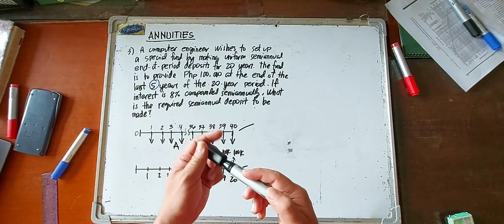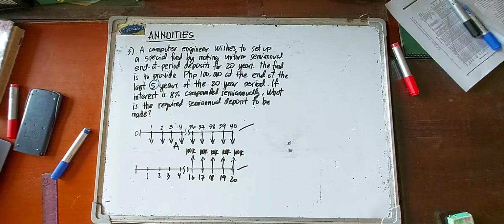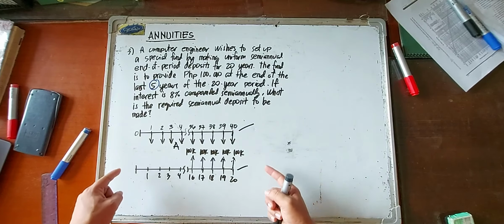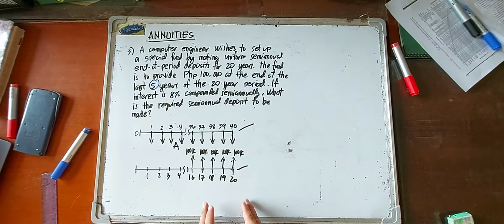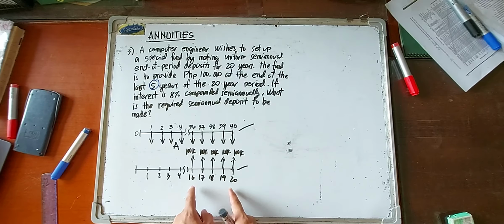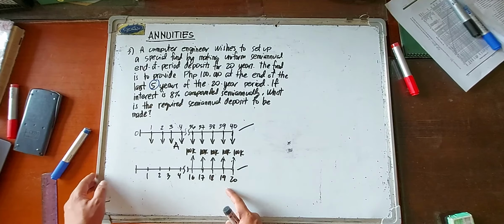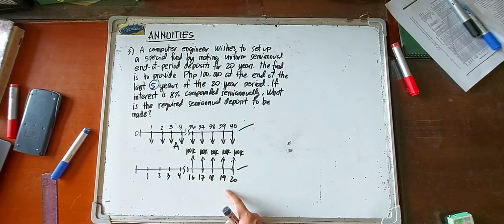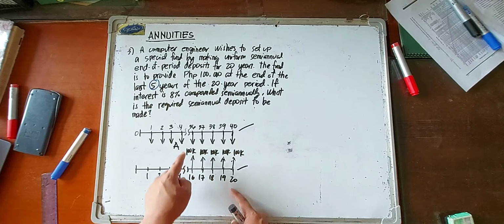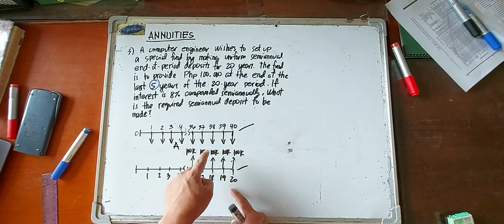So, ano dapat yung semi-annual payments ko, so punta tayo dun sa second na cash flow at the last 5 years of the 20 years na nag-deposit ka. So, for 20 years, you are depositing a certain amount. Okay, so ang goal mo is that for the last 5 years of the 20-year period, makaka-receive ka ng 100,000 each of the 5 years.